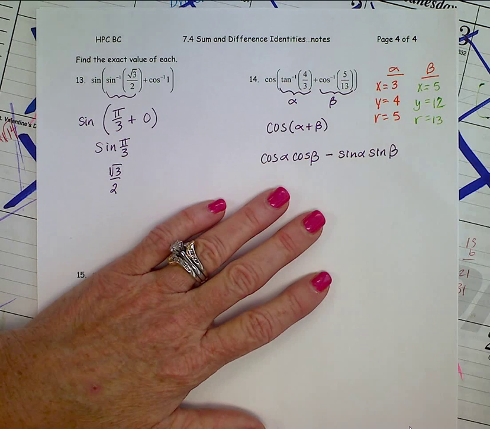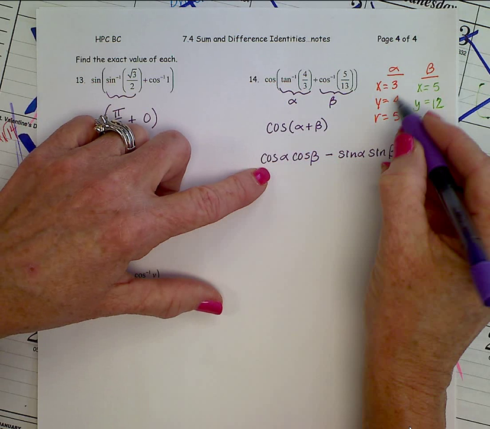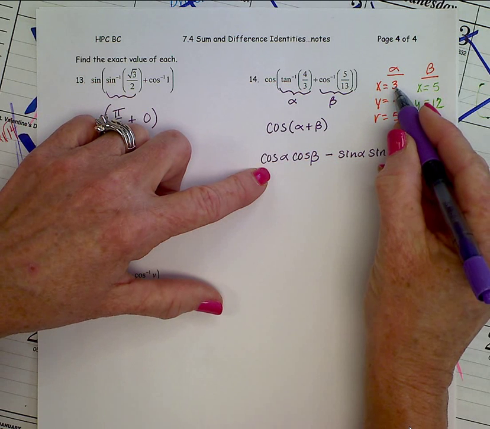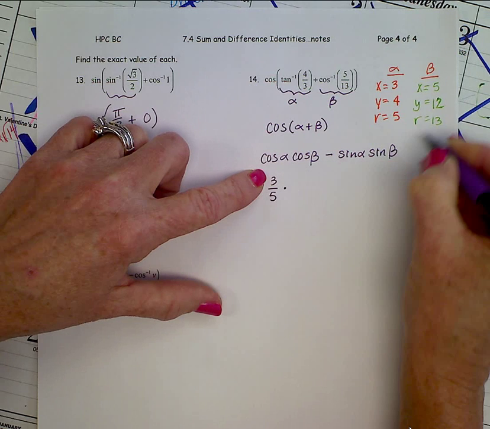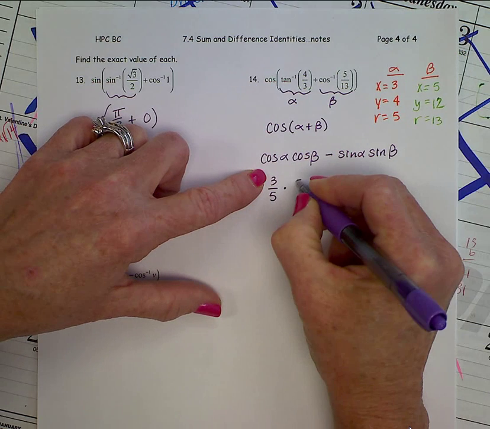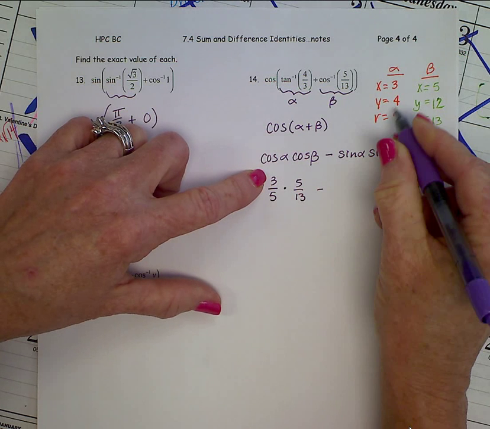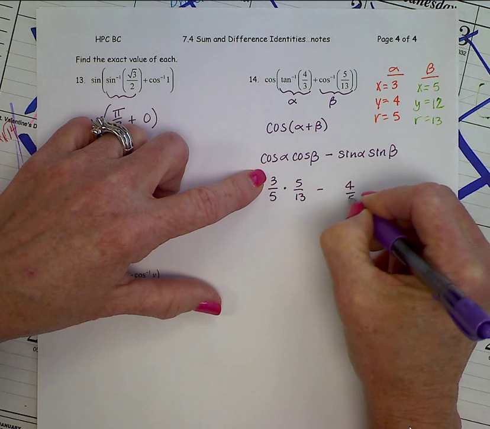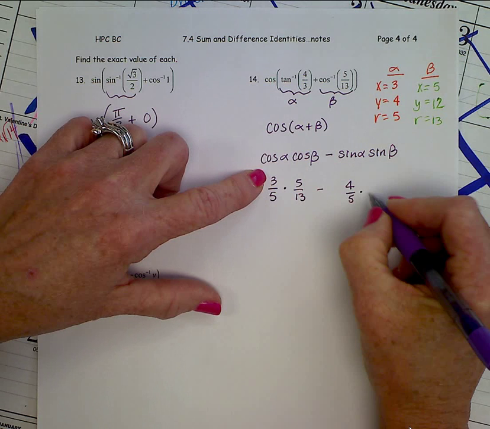All right, now just go plug in all this information. Cosine alpha is 3/5, cosine beta is 5/13, minus sine alpha, 4/5, times sine beta, 12/13.